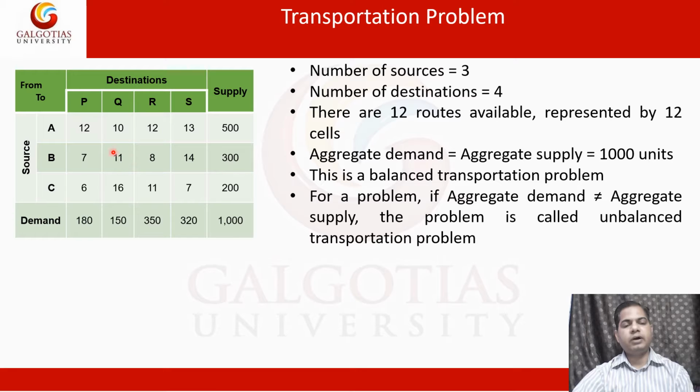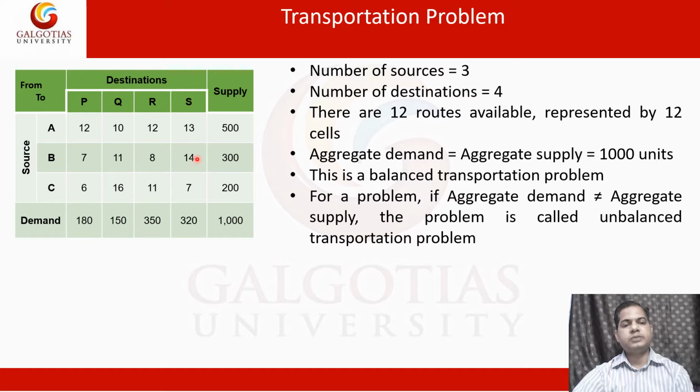Here, 11 is basically the cost of transporting one unit from source B to destination Q. So for example, if I transport 150 units at this place, it will cost me 11 into 150. That is, the transportation cost from B to Q will be 11 into 150.